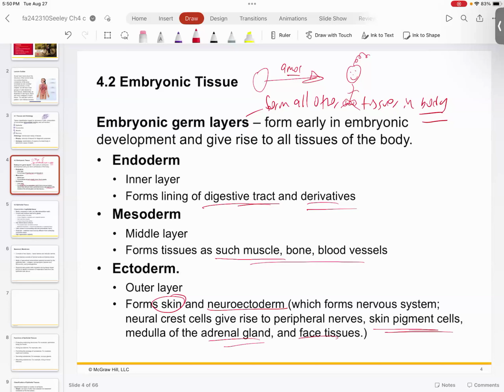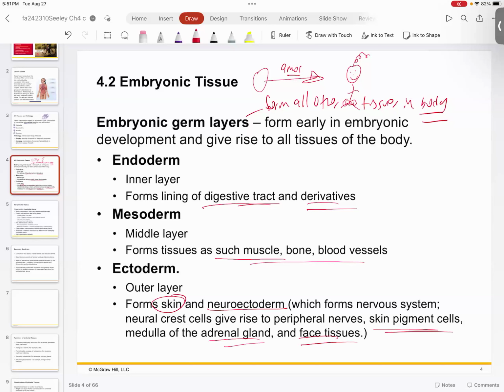Now, it's not as easy as saying, oh, well, the endoderm leads to this, and the mesoderm leads to this. Because when you take a look at most structures in your body, most organs, they don't derive from just one of these. Oftentimes, there's a combination.